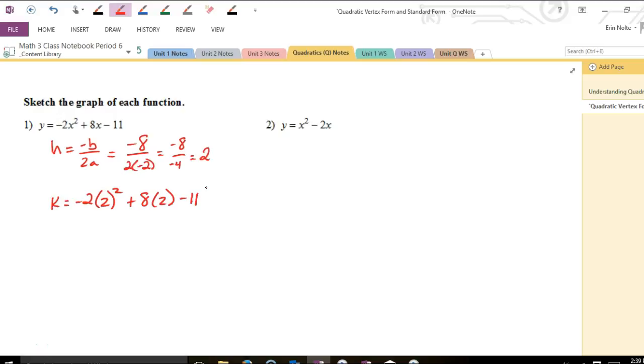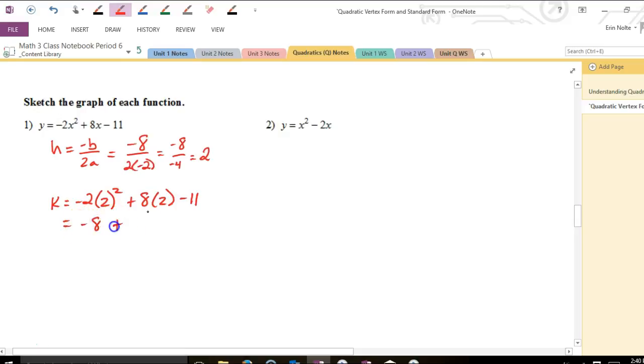The negative b, so the value in front of the x is 8. So it's just negative 8 because it's negative b. Okay, so simplify this. I have to do exponents first, so 2 squared is 4, and then I have a negative 2 in front of it, so what's 4 times negative 2? Negative 8.